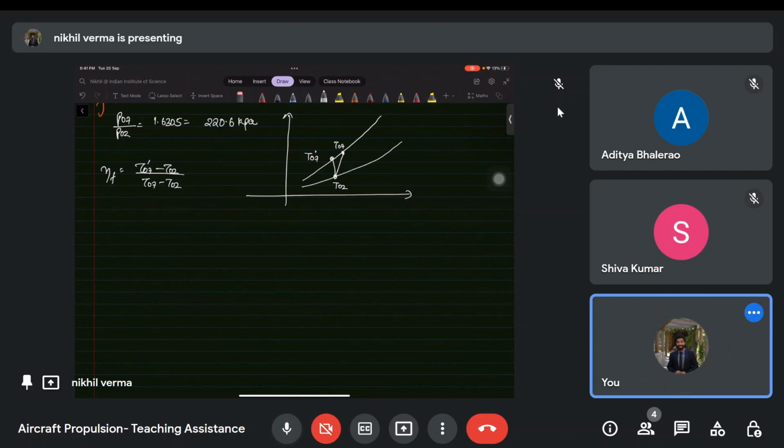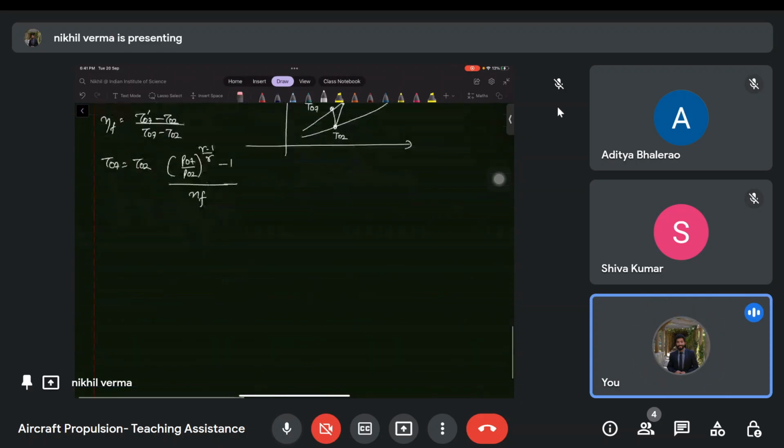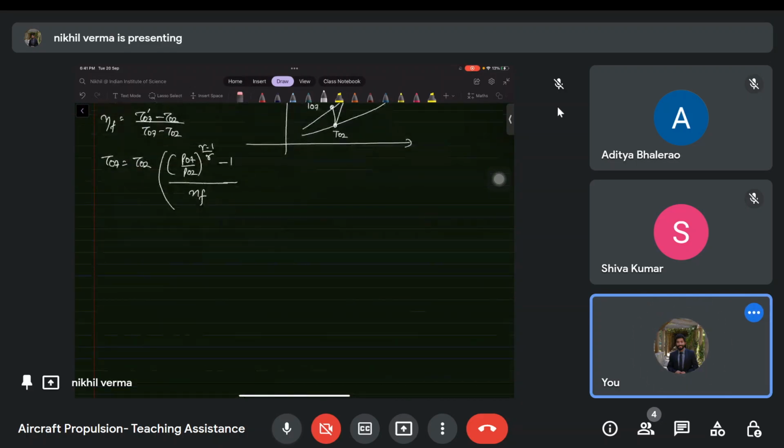You can use the above two relations, and now you can get T naught 7 as T naught 2 into P naught 7 by P naught 2 raised to gamma minus 1 by gamma, minus 1, divided by the efficiency of the fan, plus one.